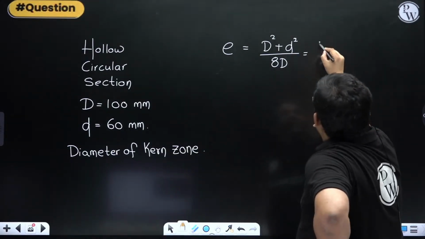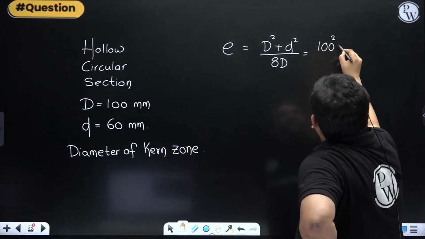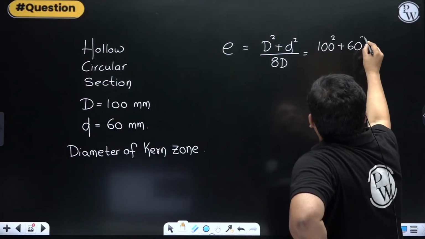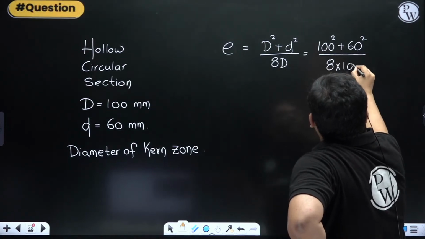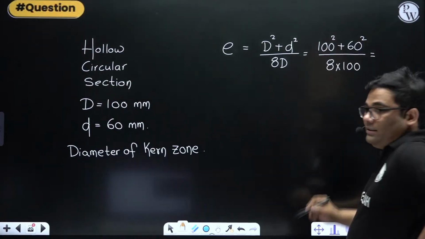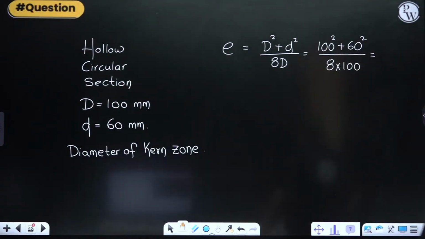So 100 square plus 60 square divided by 8 into 100. How much are you getting? Find out. 100 square plus 60 square divided by 8 divided by 100.